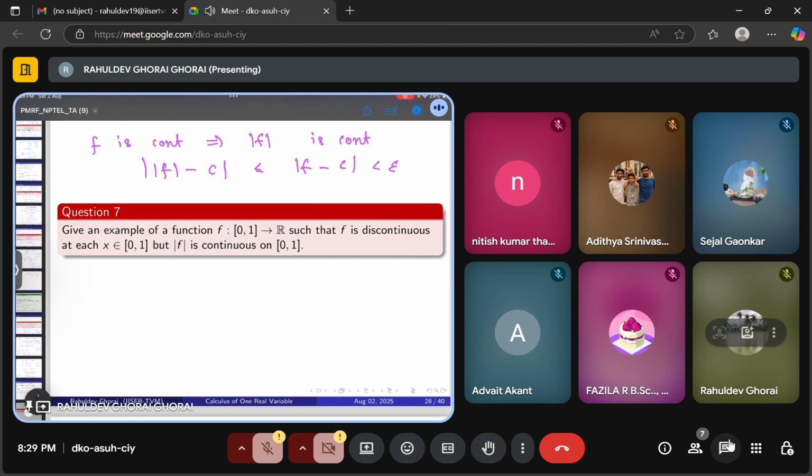But here I want a function which is discontinuous at each point x belongs to 0 to 1, but whose modulus is continuous on 0 to 1.